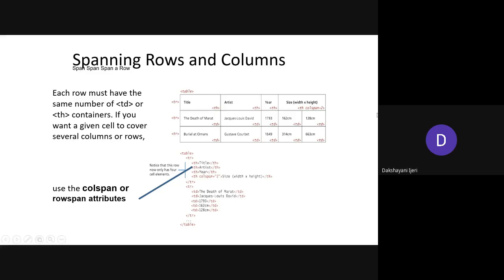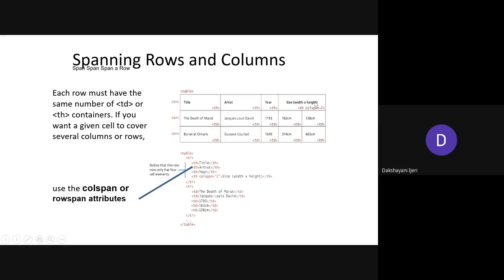As in this case, you can see the last element of the first row. What do you want to merge here? Are you merging row-wise, or are you merging the two columns over here? You are merging the two columns, right? This should be very clear to you before you use the column span and the row span, because if you use these wrongly, your table may not be structured the way you want.